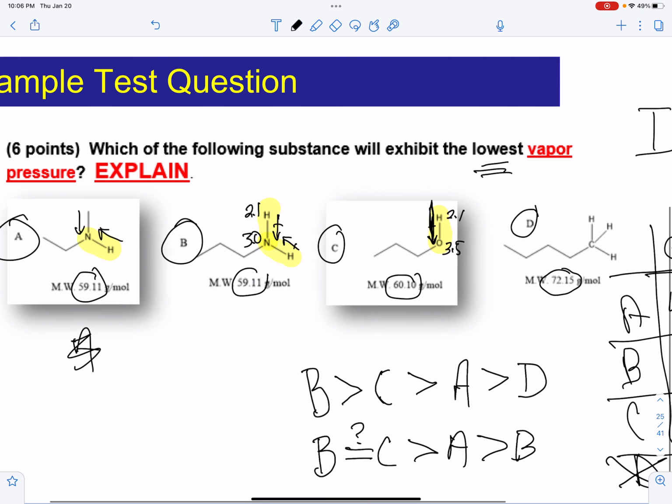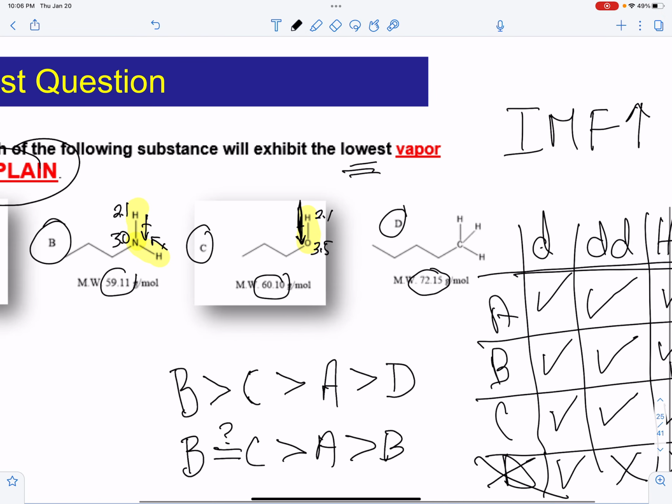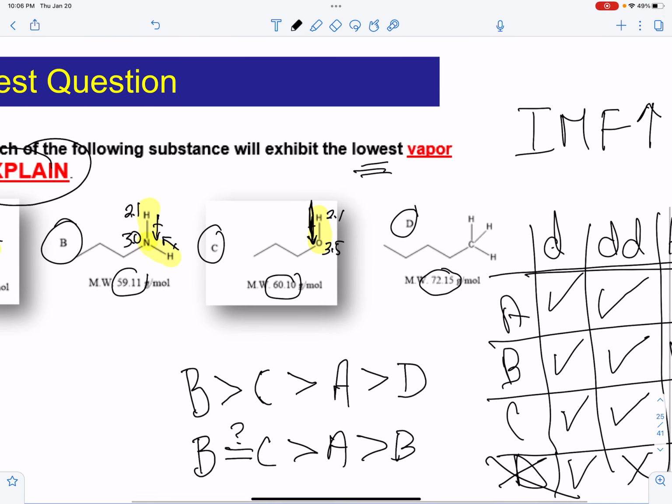And then you get to explain why you think that there's a question mark between B and C. So you have to consider which one has a stronger dipole. Remember that the dipole is based on the difference in electronegativity, and 3.5 is bigger than 3.0. So keep that in mind. The difference between these two is 0.9.